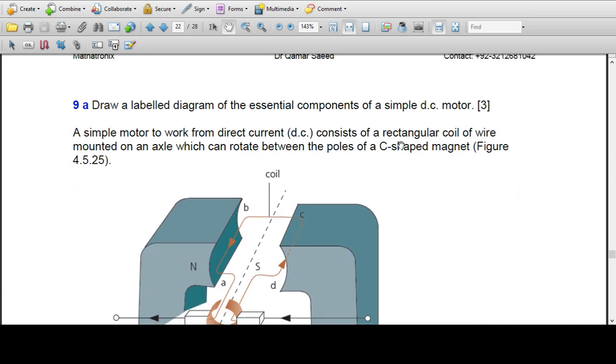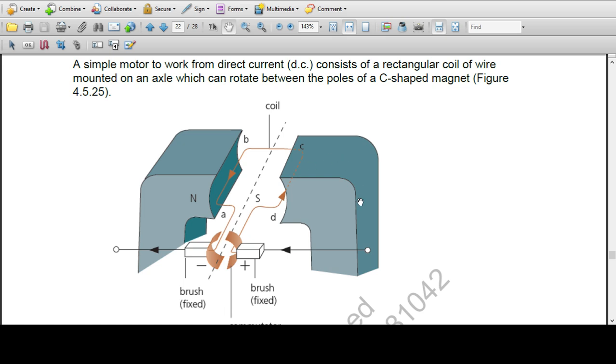Draw a labeled diagram of the essential components of a simple DC motor. So this is a simple DC motor. This is the north magnet, south magnet, and this is a turning coil. Unlike an AC generator, instead of slip rings we use a commutator or a split ring.